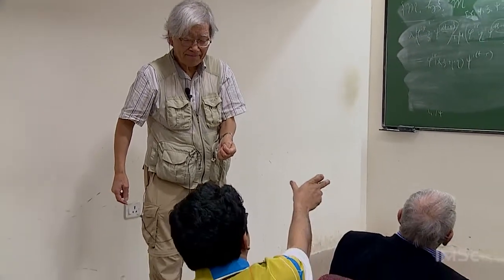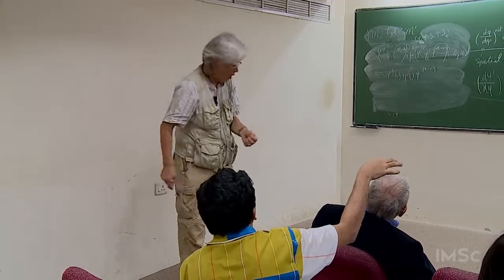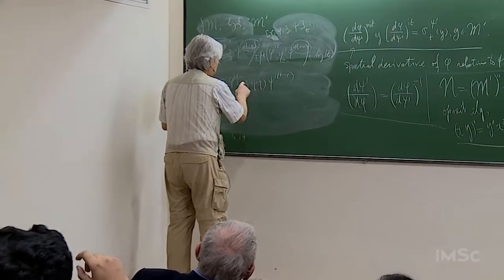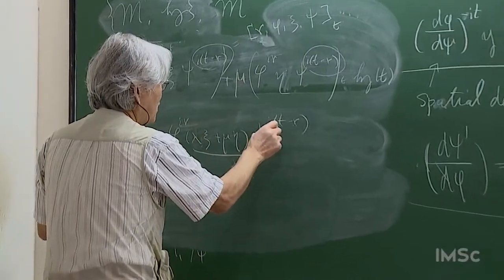But then how is the addition of any two elements in HT defined? Yes, that's exactly addition. This vector times phi to the power r, psi to the I t minus r.